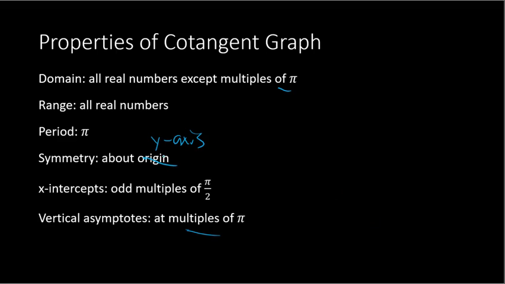So when you're graphing this, it's going to be very much like the tangent function. The main difference is it's going to be graphed like a negative tangent function, in the sense it's going to be going down like this, approaching different asymptotes, and the asymptotes are shifted differently than it is for tangent. But other than that, it's pretty much the same logic, same steps for graphing as with tangent.